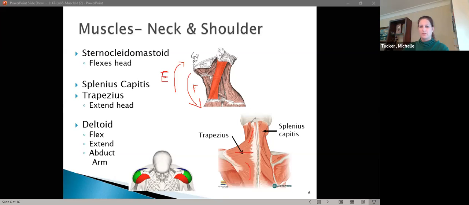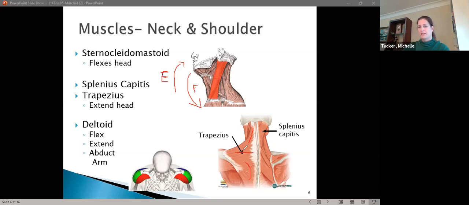If you were to remove trapezius, just cut this section away, then you would see splenius capitis. So splenius capitis is deep to trapezius. And on the torso model, I'll show you that one side of the torso is superficial and one side of the torso is deep.